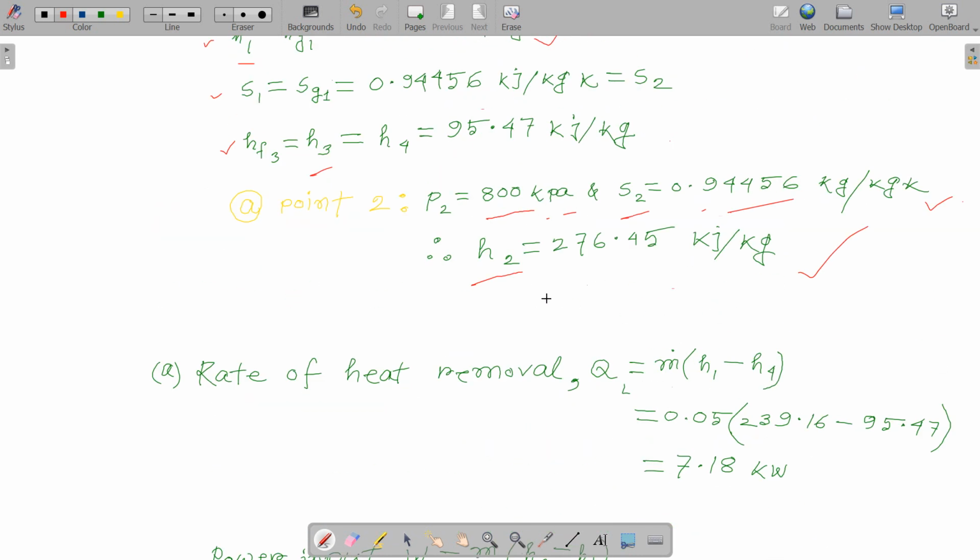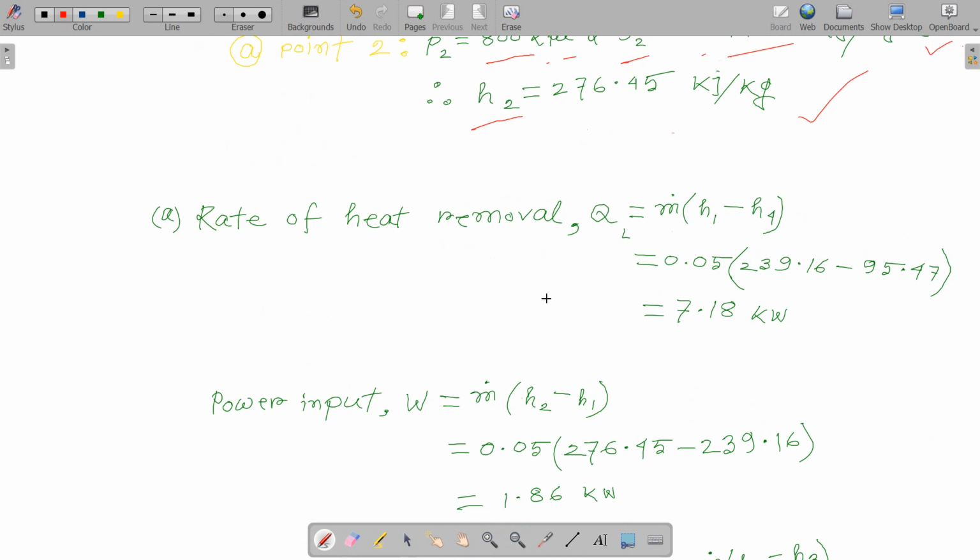Now we have found H1, H2, H3, H4, so we can now easily find out the rate of heat removal. Look, the rate of heat removal, we know, is mass flow rate multiplied by H1 minus H4.